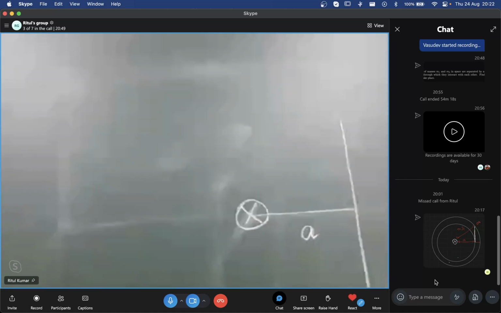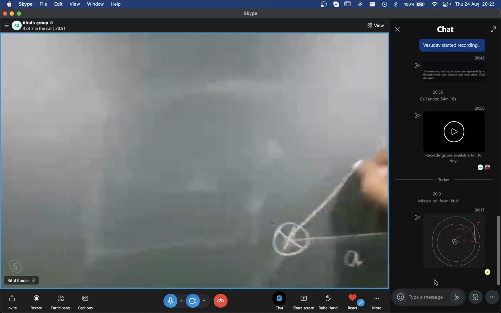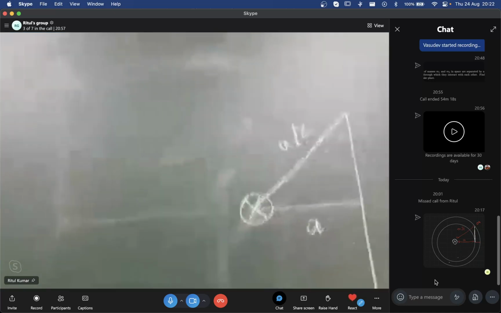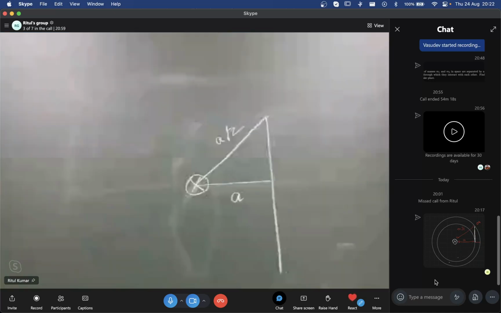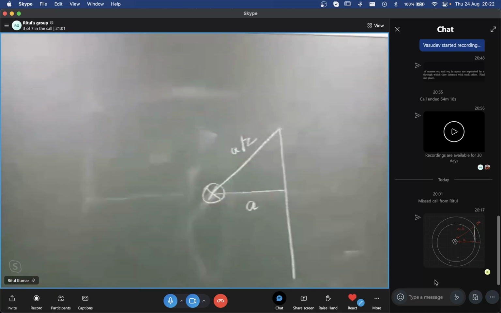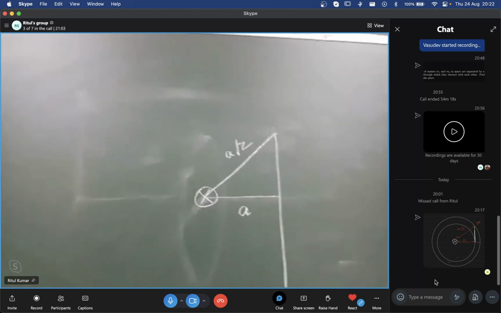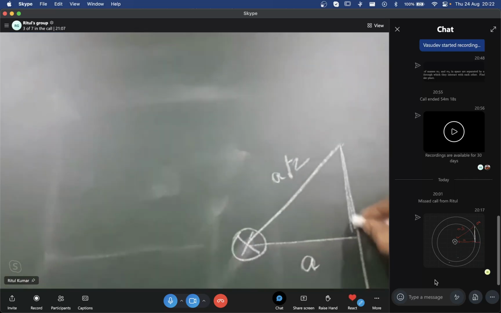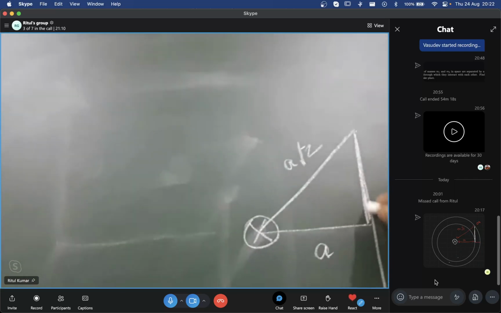This is A, okay? And you have taken this to be A root 2. Now what we can do, we want the flux across this one, right? This is what you have asked. Flux through that.